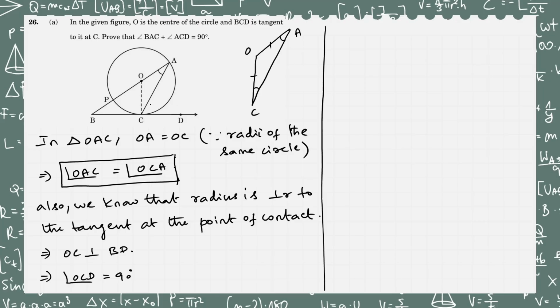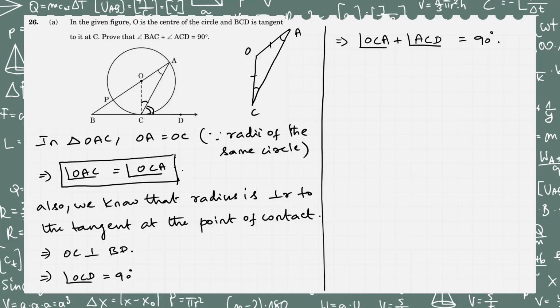Both their sum is 90 degrees, right? OCD is nothing but angle OCA plus angle ACD equal to 90 degrees. See, OCA is here and ACD is here. Both of their sum is nothing but OCD, right? So that we can write here.